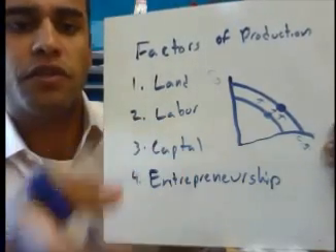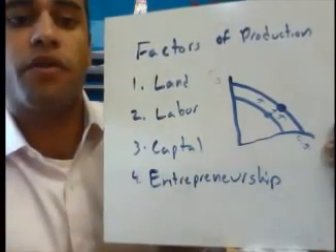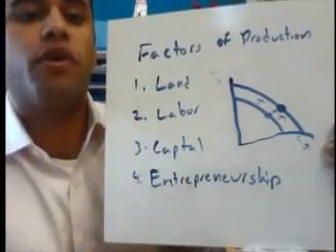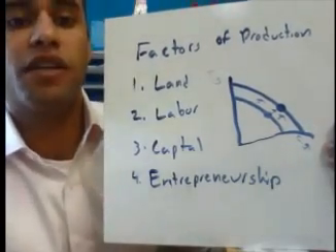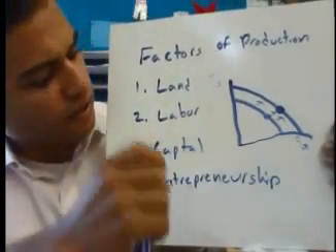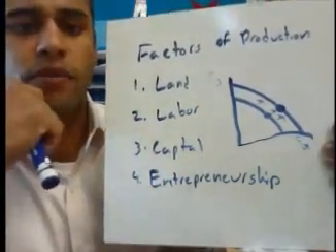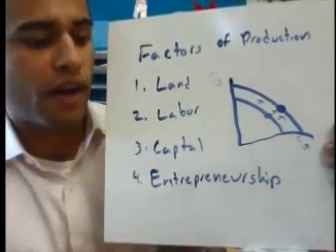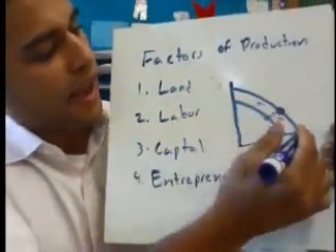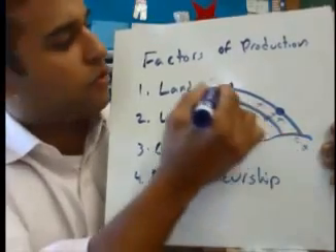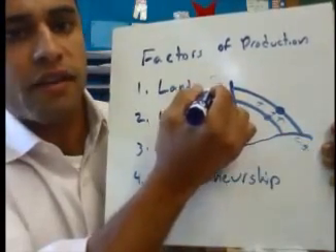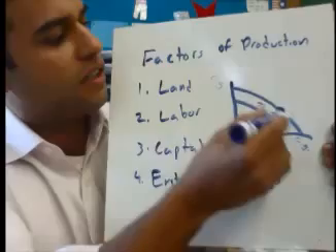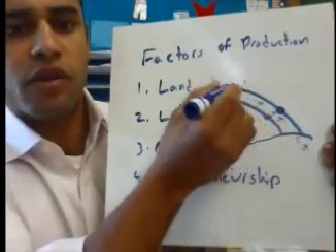Capital is those things that we create that are going to help us make more things in the future, right? Things that will lead to increased production. And so we can very deliberately target capital. We can decide that we want to spend more of our efforts making capital goods than we do consumption goods. And every economy makes a decision: where along this curve are you going to be?